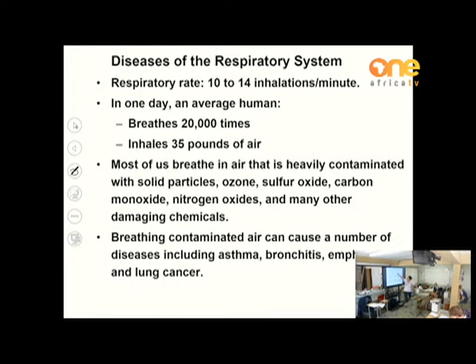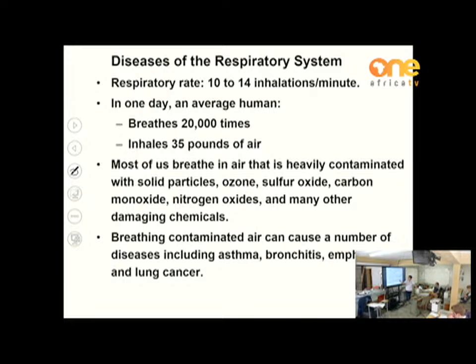Now, I quickly want you to read with me. We take 10 to 14 inhalations per minute. In one day, we need 20,000 breaths, about 35 pounds of air. Most of us breathe in air that is heavily contaminated with solid particles, ozone, sulfur oxide, carbon monoxide, nitrogen oxides, and many other damaging chemicals.